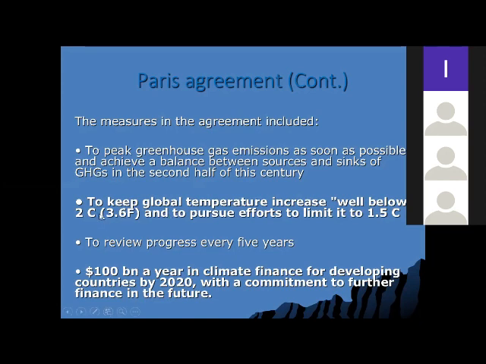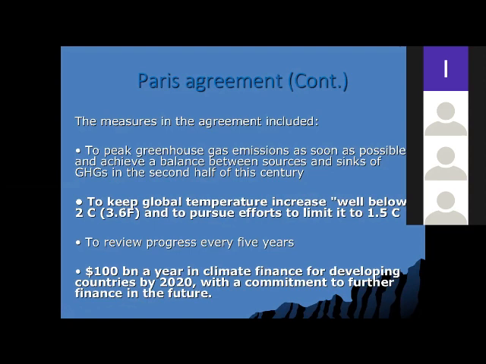And the Paris Agreement also says keep the temperature increase well below 2 degrees centigrade and pursue efforts to limit it to 1.5 degrees. Now, I'm going to tell you how we can do this. If you want the rise to be limited to 2 degrees, the concentration of carbon dioxide or the greenhouse gases should be limited to 450 parts per million. If you exceed that, then the temperature will go beyond 2 degrees.